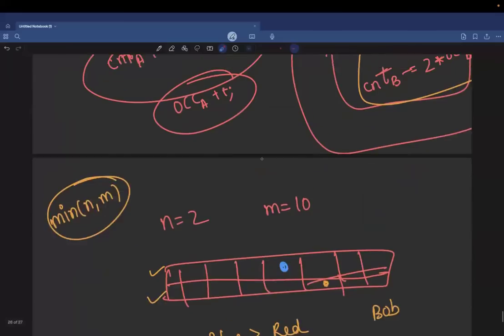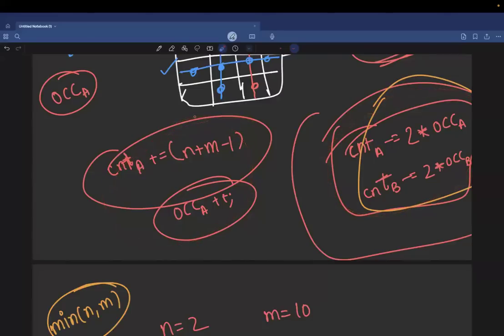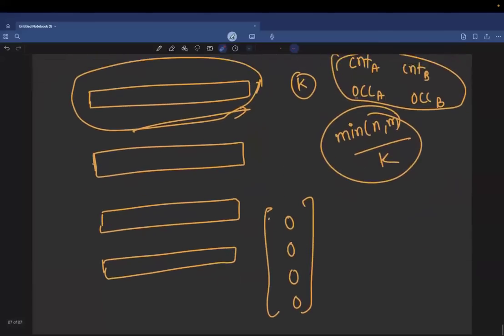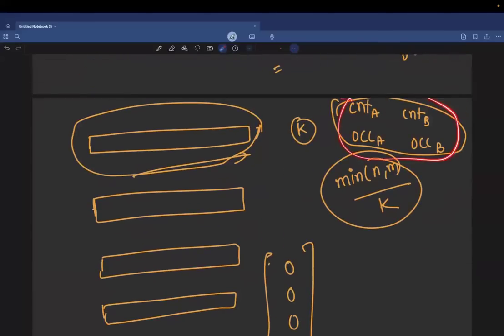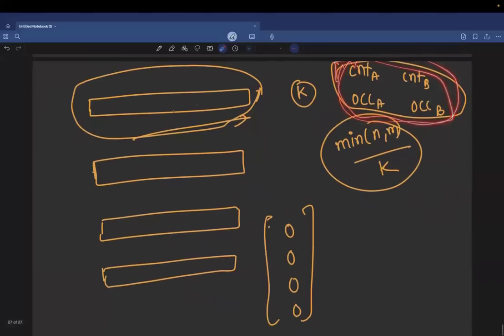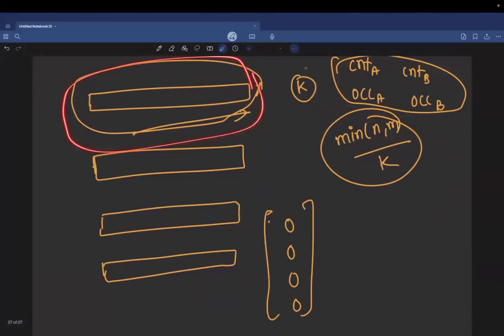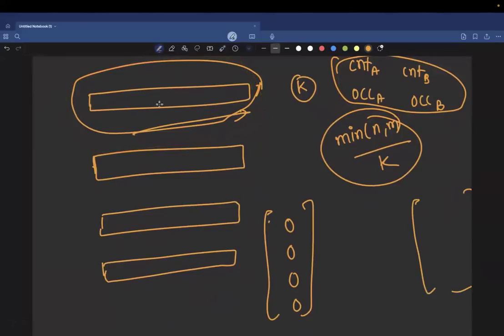I identified that the 4 steps I'm doing just make these variables depend upon each other and nothing else. So if I know the current values of count of A, count of B, occurrence of A and occurrence of B, and I could find some relation of what their values will be after applying these k operations, then I could use matrix exponentiation here.